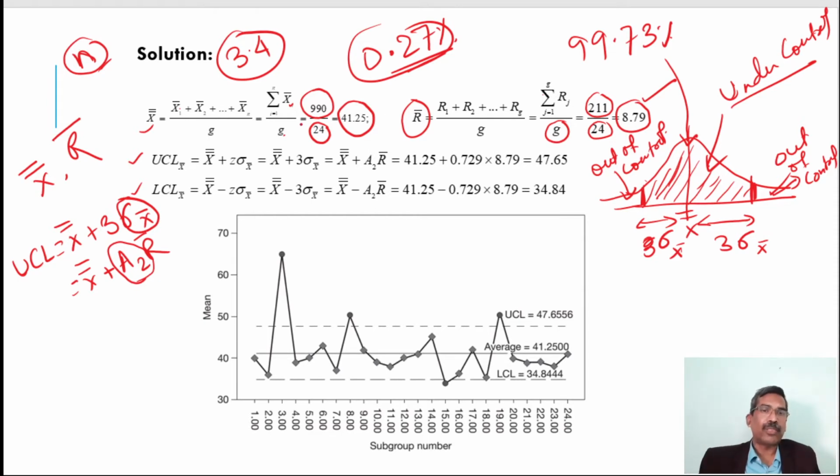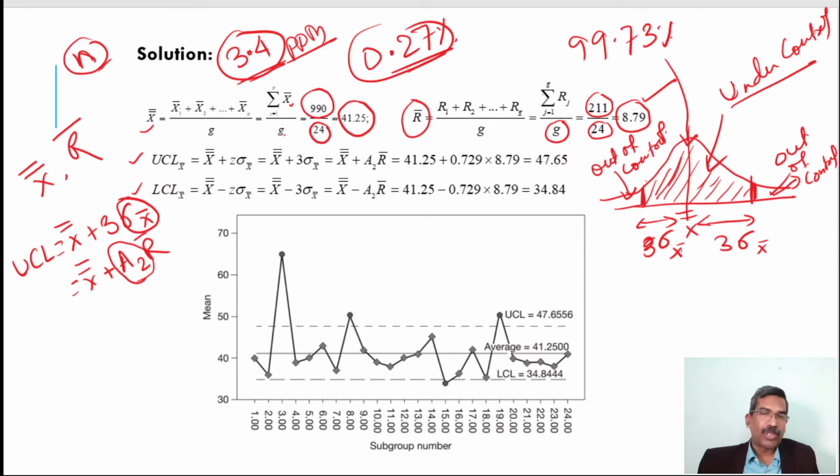Then we can follow Six Sigma and achieve the Six Sigma level of quality. That means 3.4 parts per million defective, which is more or less zero defective. But if you follow the plus minus 3 sigma concept, which we are discussing right now, then the number of defectives will be 2700 parts per million.